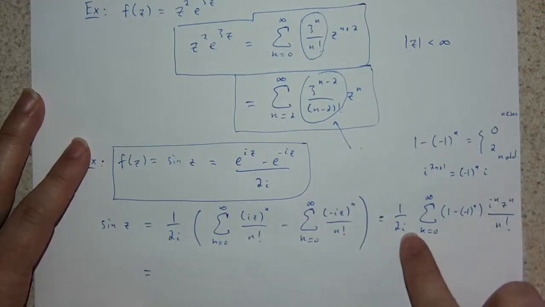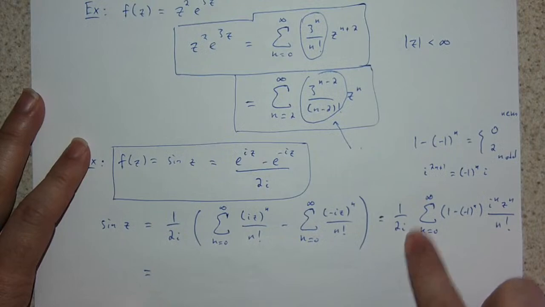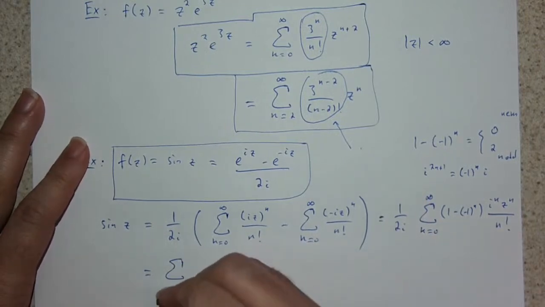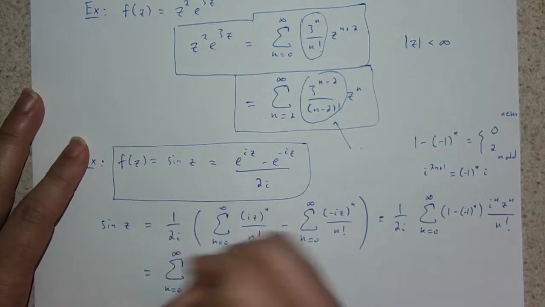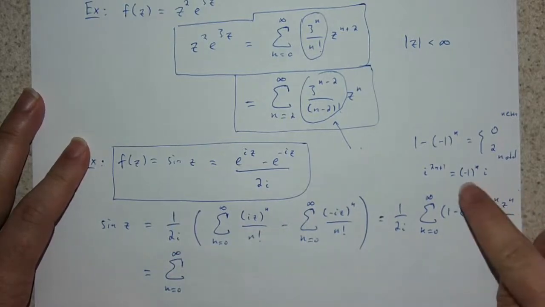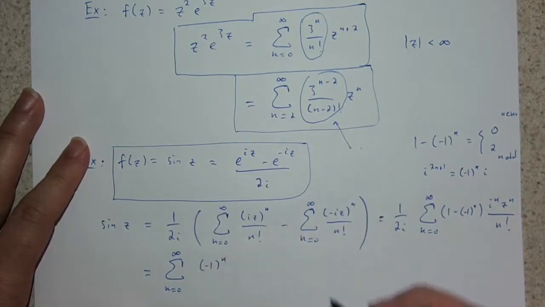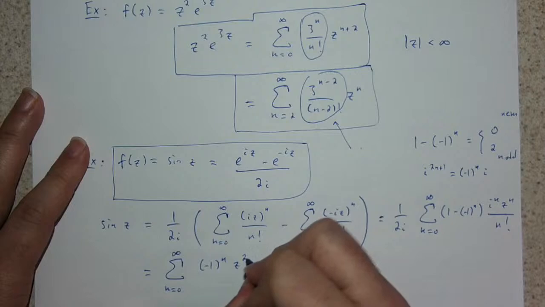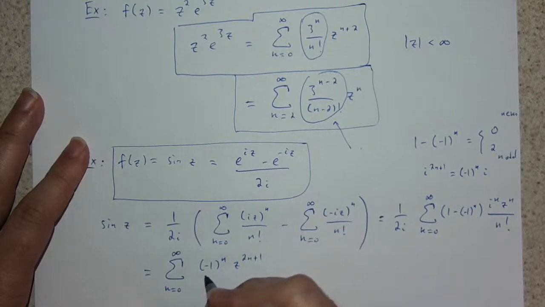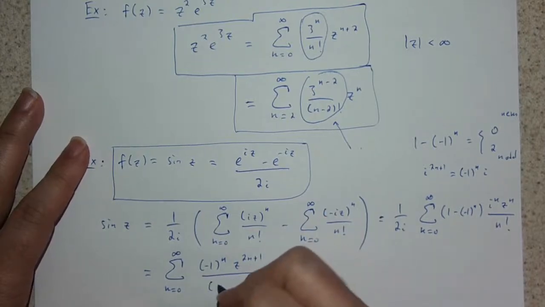That i cancels out with the i from the 1 over 2i. And so what I'm left with is the sum from n equals 0 to infinity of (-1) to the n, z to the 2n plus 1 over (2n plus 1) factorial.